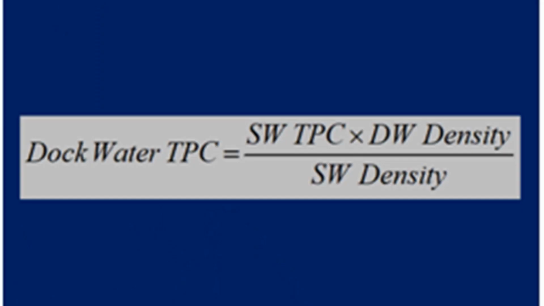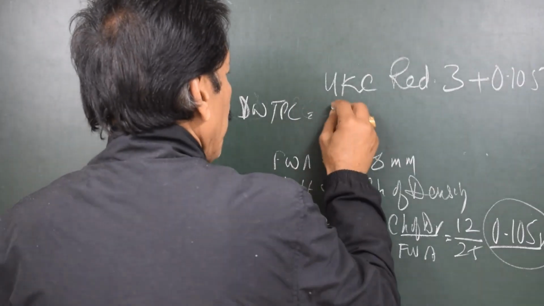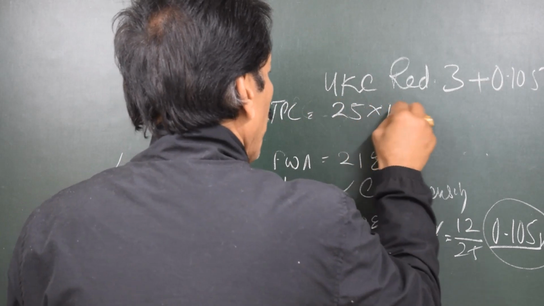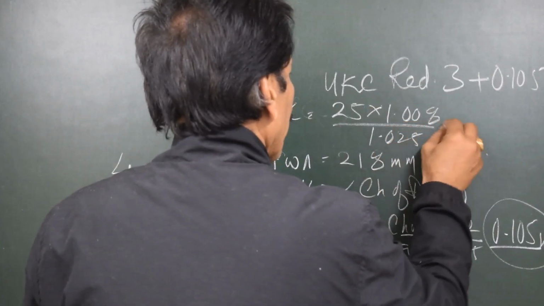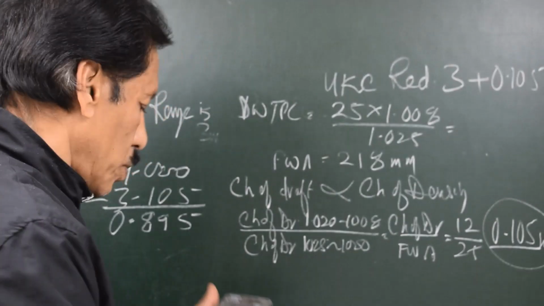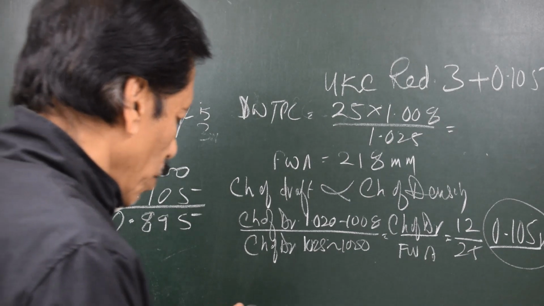So let us find out the dock water TPC for 1.008. Dock water TPC is equal to normal TPC, that is 25, into 1.008 divided by 1.025. That is 24.58.